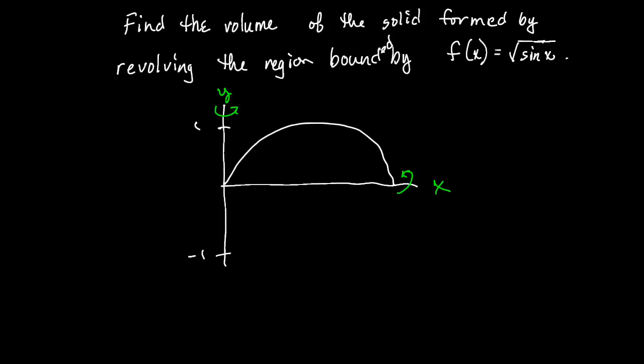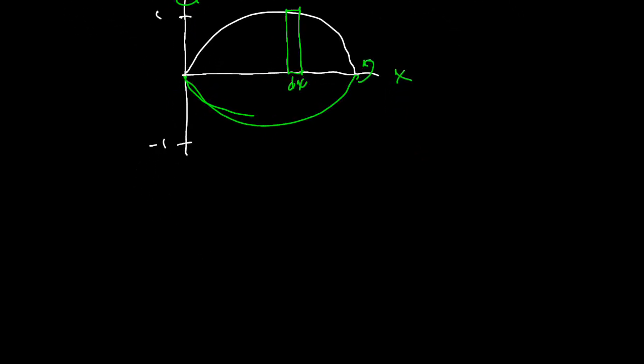When I revolve this around the x-axis, it ends up kind of looking like an egg structure. So we want to find a disk here. Here's my delta x. I want to find a disk that I can rotate around the x-axis and add them all up and turn it into my volume.